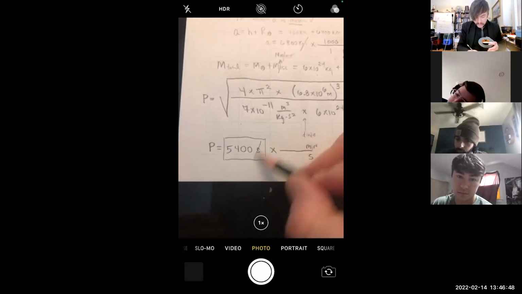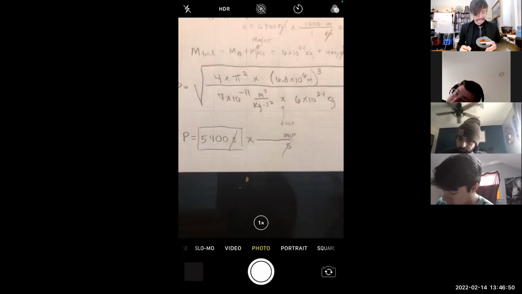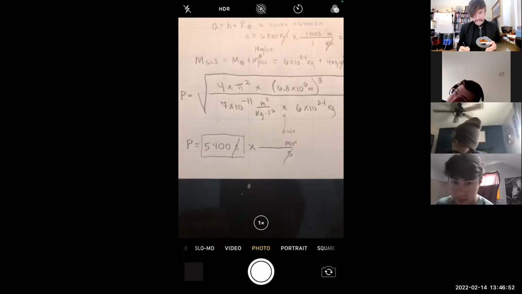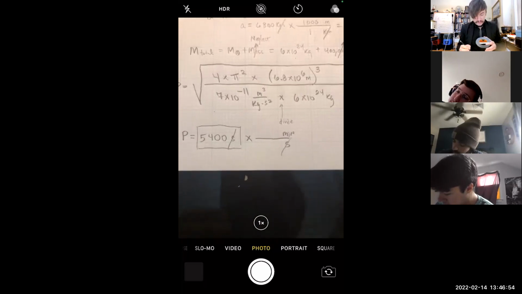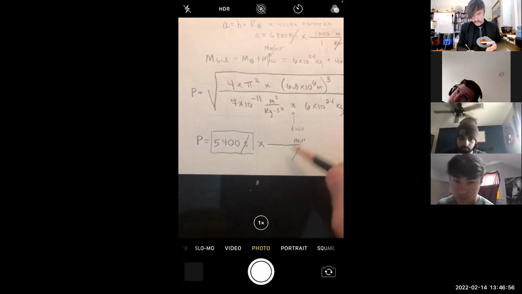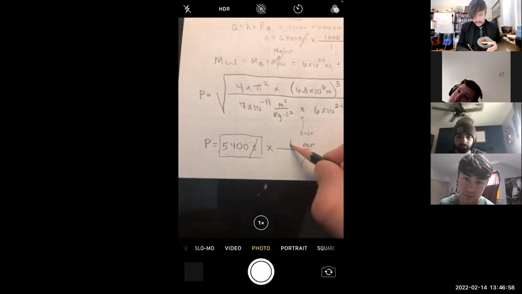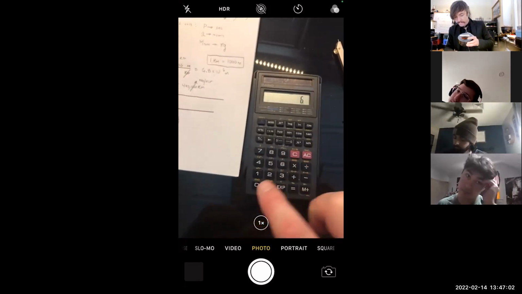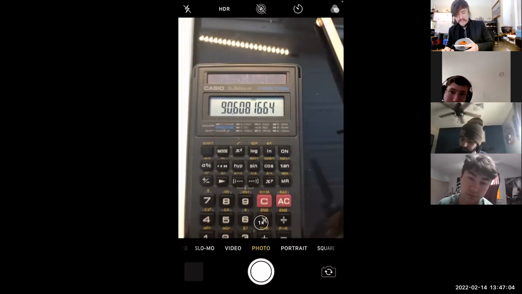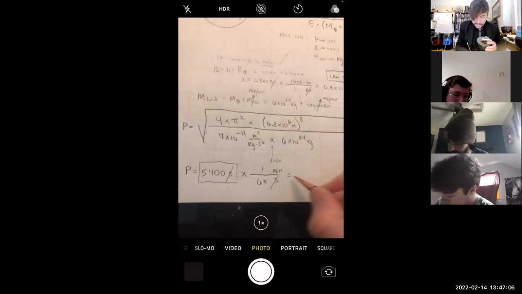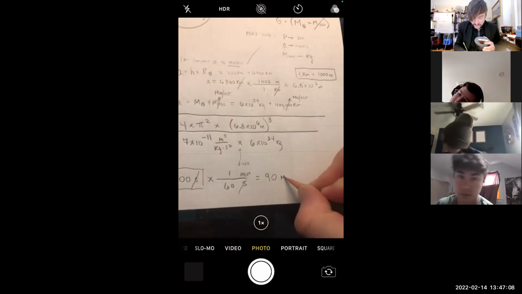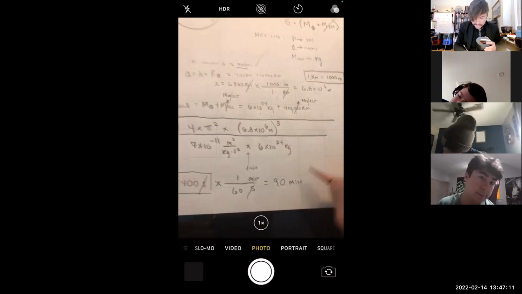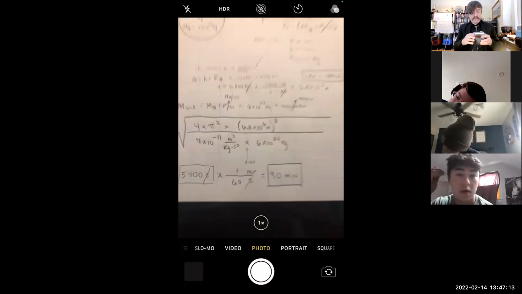What's the conversion factor? 1 minute is 60 seconds. Okay, so we divide by 60. 90 minutes, which is an hour and a half. And this is our lab.